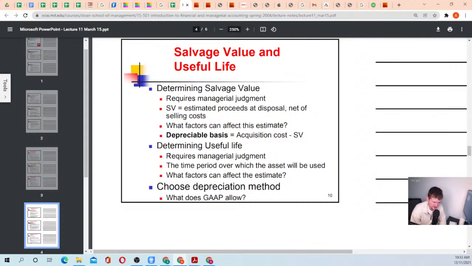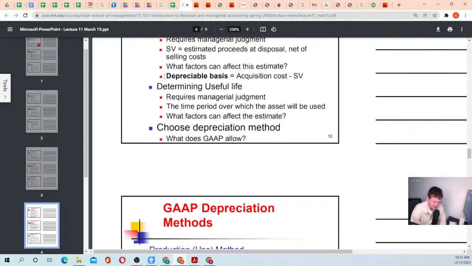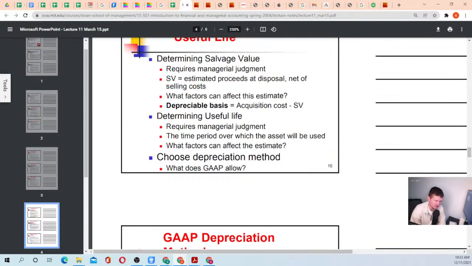But most of the time, it will be just your judgment, which you will use to develop a policy. If you buy and use many similar assets, you will need a policy at the end of the day. If you are a small business with just a few assets, you can use your judgment. And I remind you that this is all about accounting. Your tax depreciation will be determined based on the tax code, and it will be different from accounting.